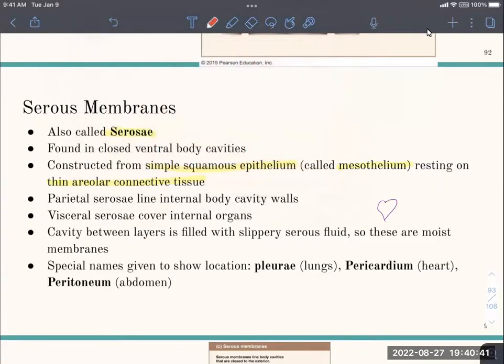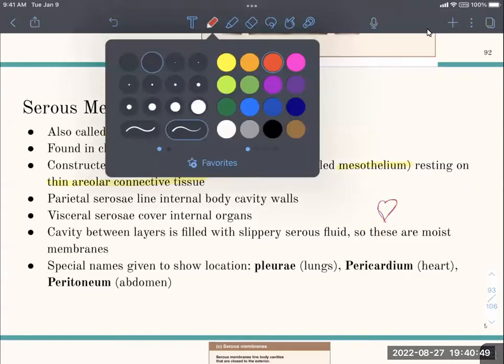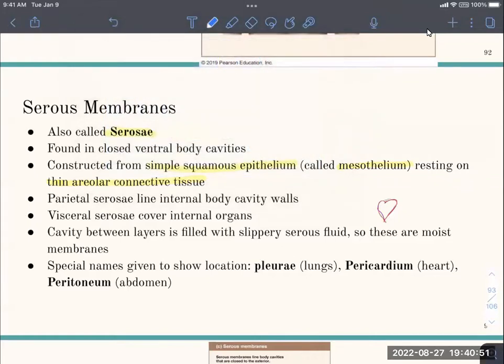I have my visceral layer that's covering right on top of the heart. And then I have my parietal layer that faces the outside. In the middle, we have fluid that helps kind of keep these membranes moist. They kind of help protect the organs too.